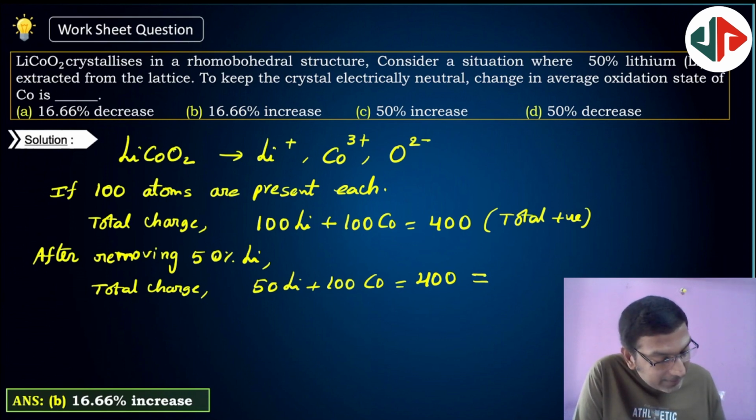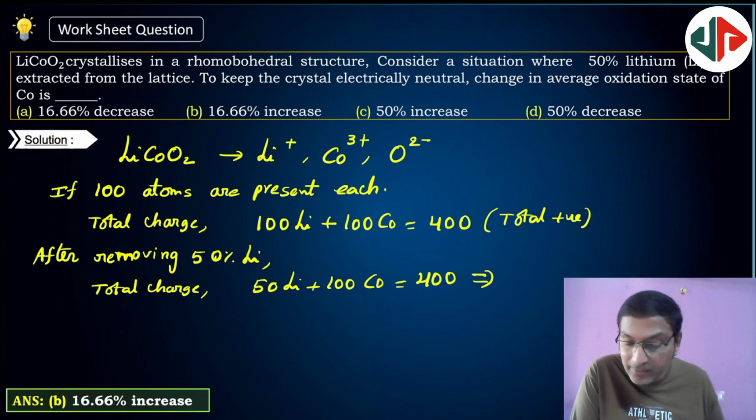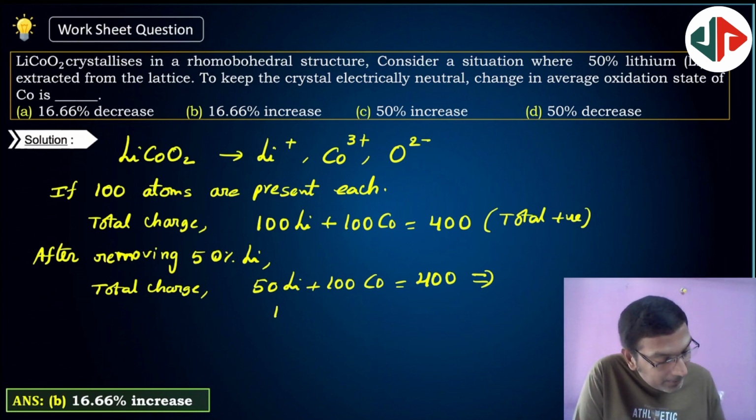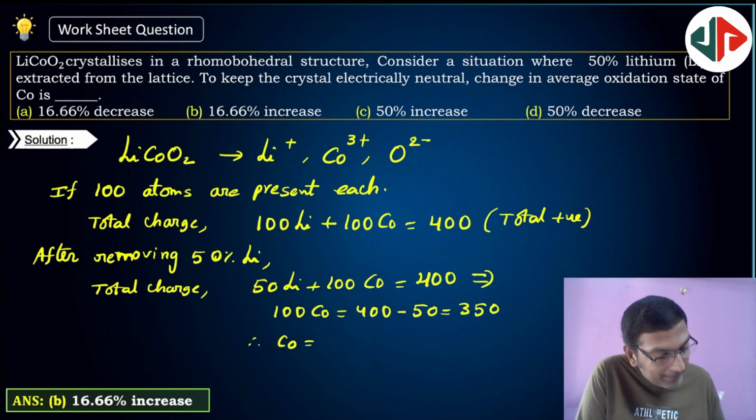So 50 into plus 1, 100 into plus 3. Therefore 100 into Co equals 400 minus 50, which is 350. Therefore Co equals 3.5. So this is the new oxidation state.